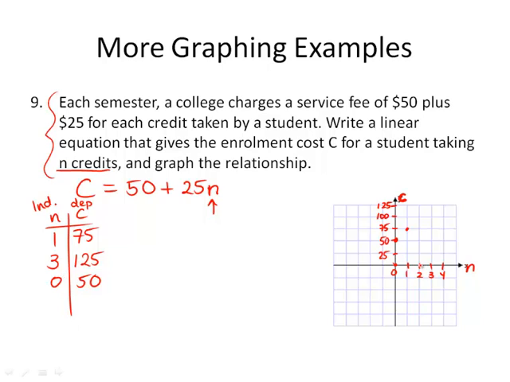And 3 credits was 125. So you can see through the pattern that 2 credits was probably $100 without even doing any calculation. So every single point here will represent a value for the number of credits that is chosen.